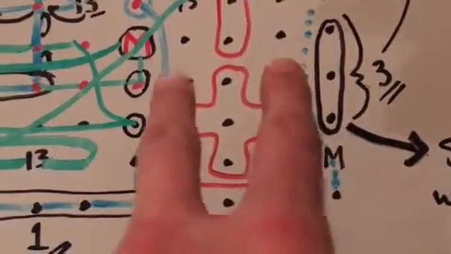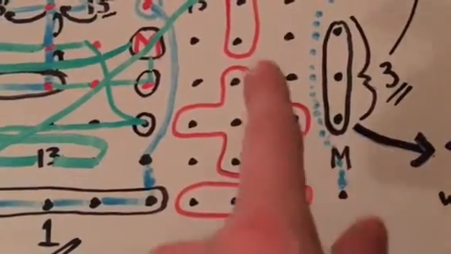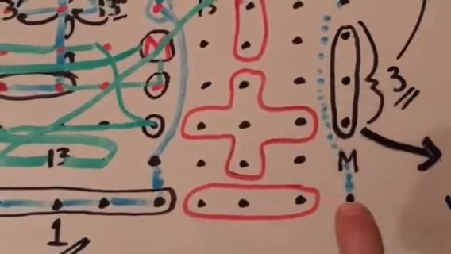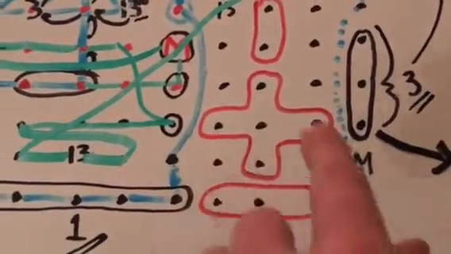Because these 2 are used already. This is used. The M's kind of out. It's only the plus, these 2, this one, and this one. So that's your 1, 2, 3, and that's your 3, 4, 5, 6, 7, 8. Holy shit.